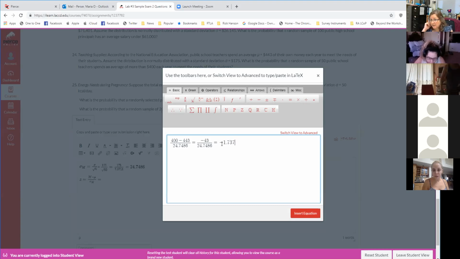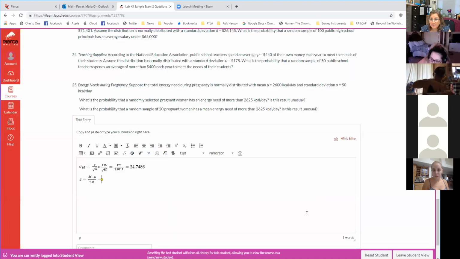And here, remember that in the Z table, our numbers are to 2 decimal places, right? Are you guys there? Yes. Okay. So we need to round this to 2 decimal places so that we can look it up on the unit normal table. So does it come out to 1.74? Negative 1.74, correct.